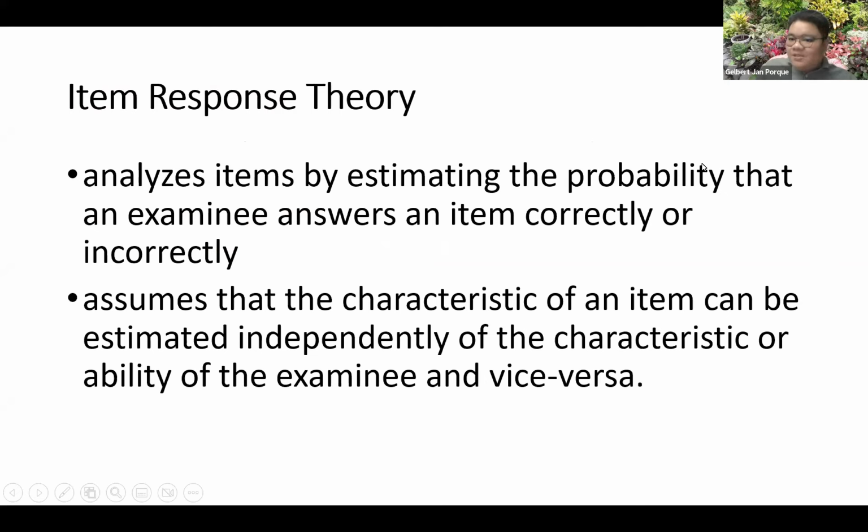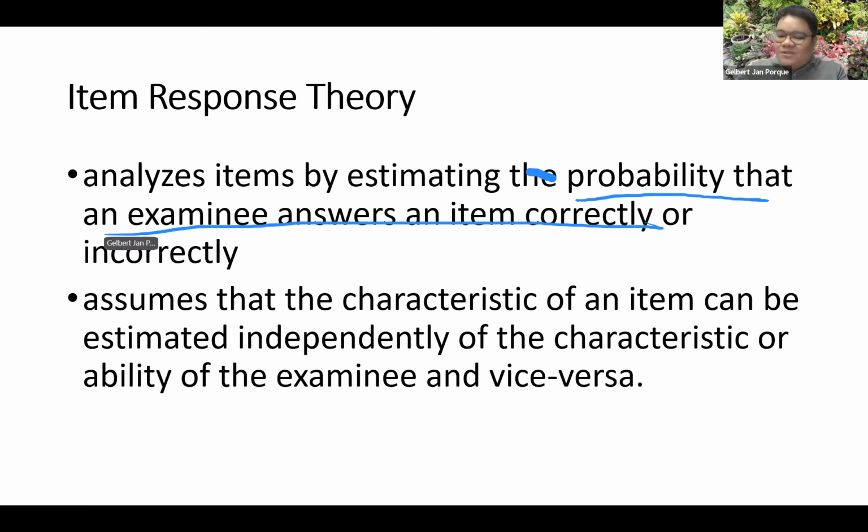When I say item response theory, it says that the analysis of the items can be estimated by the probability that an examinee answers an item correctly or incorrectly. Okay? So again, according to this theory, it analyzes items by estimating the probability that you can get the question correctly or incorrectly.